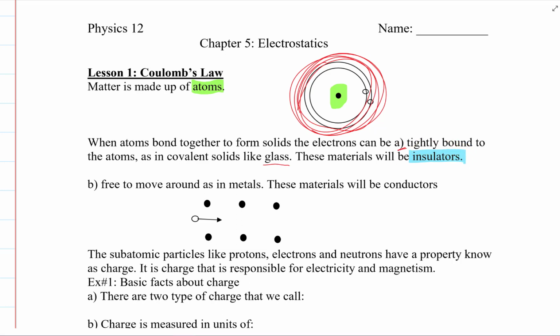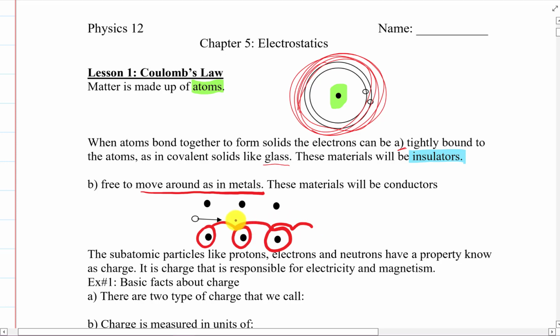Or when we bond them together in metals, the electrons can go from one orbit to the next orbit to the next orbit of adjacent atoms, popping out the next electron, from valence shell to valence shell to valence shell. And there might be a little bit of resistance from doing that, hence the resistance in wires. But the electrons can bounce from atom to atom to atom, and that's what makes up a conductor. So there's insulators versus conductors.